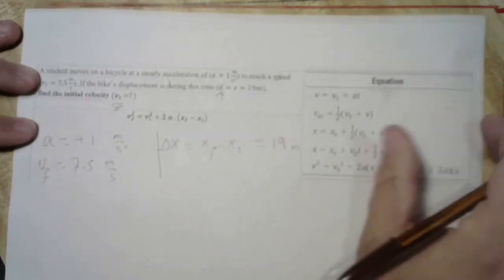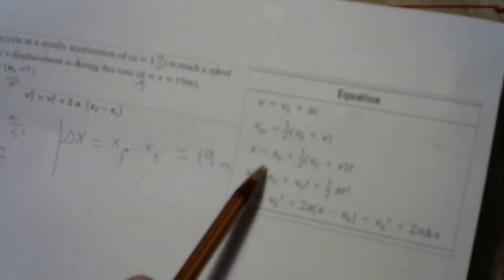Look, the first equation does not have the change in position. The second one also, I can't find the change in position. The third one has the position, the velocity and the time.